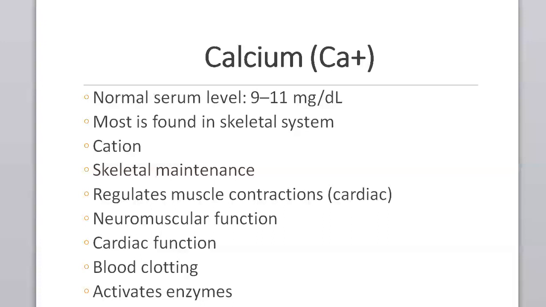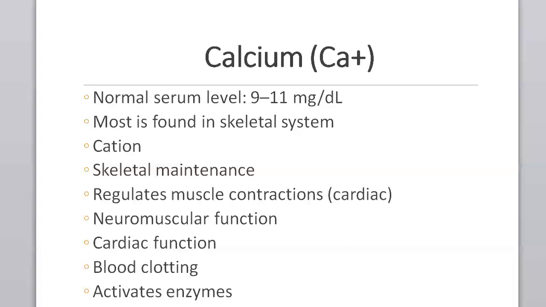Calcium is regulated by the interactions between your parathyroid hormone and calcitonin, which comes from the thyroid gland. Okay. The problem with calcium as we begin to get older is the intestines will start to absorb less calcium, and more calcium is excreted by the kidneys.